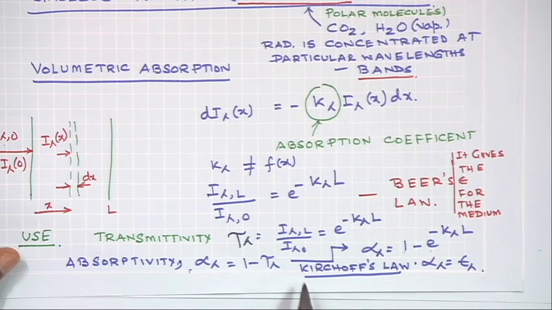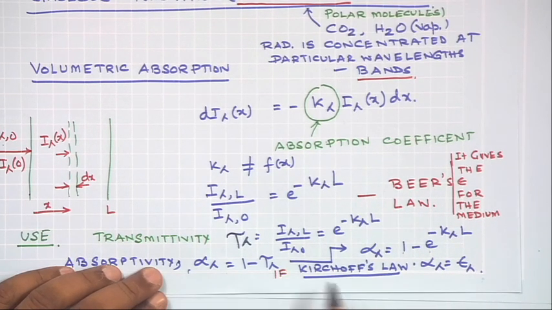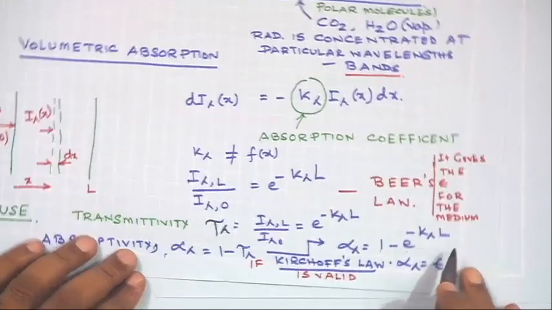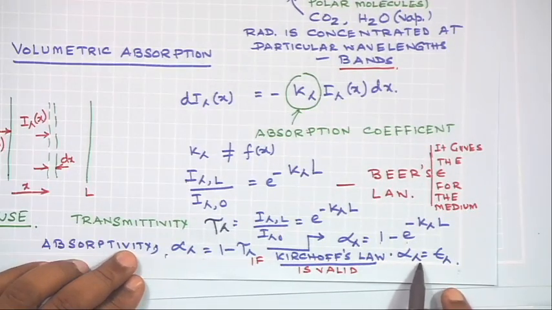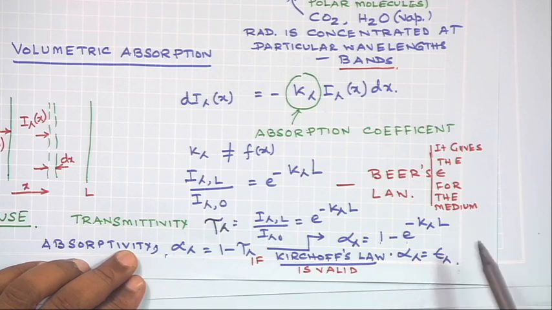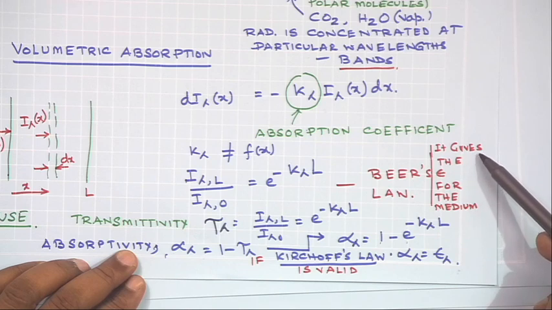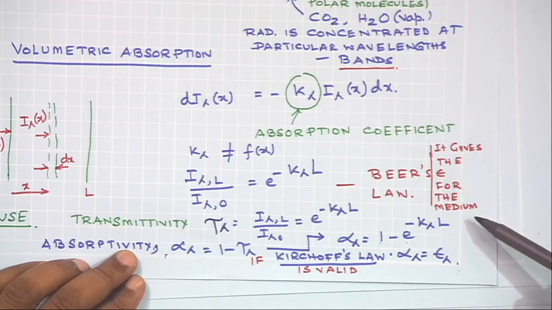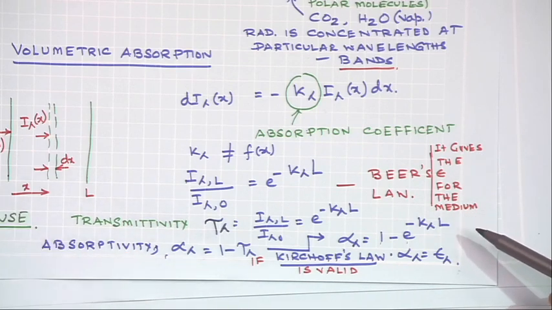And if Kirchhoff's law is valid, then we can write alpha lambda is equal to epsilon lambda. So, Beer's law gives you the estimate of the value of the emissivity for the medium.